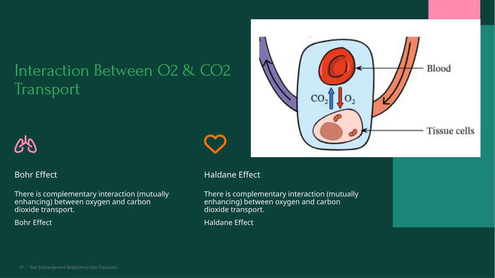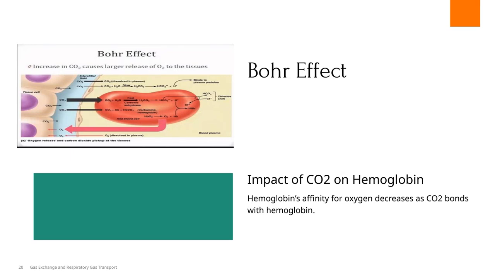They show how oxygen and carbon dioxide transport are interconnected, enhancing each other's efficiency depending on the body's needs. This interaction is fundamental to our respiratory gas exchange, ensuring that oxygen delivery and CO2 removal are optimized during various physiological states.